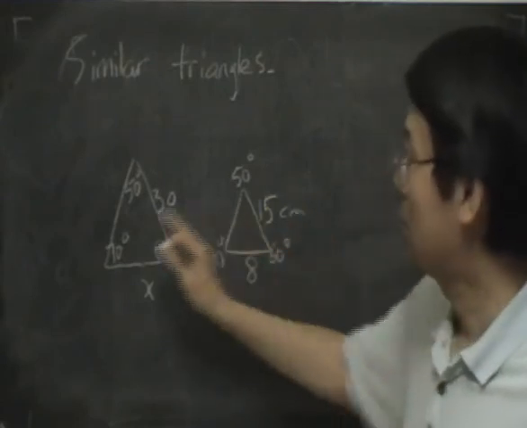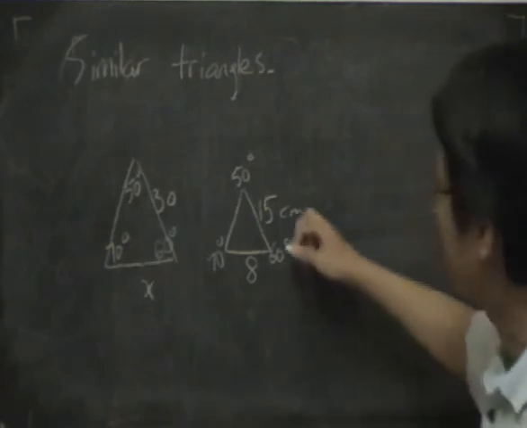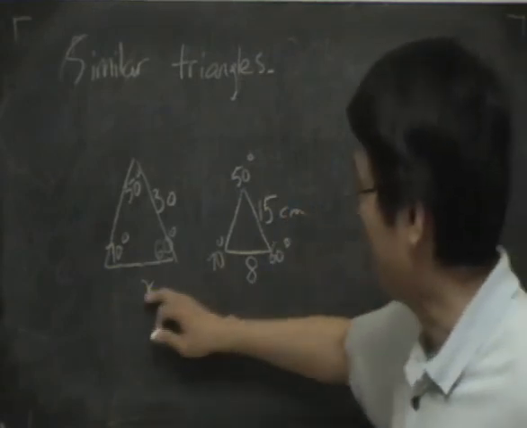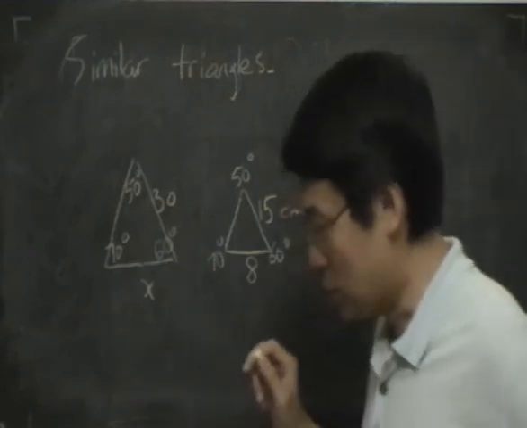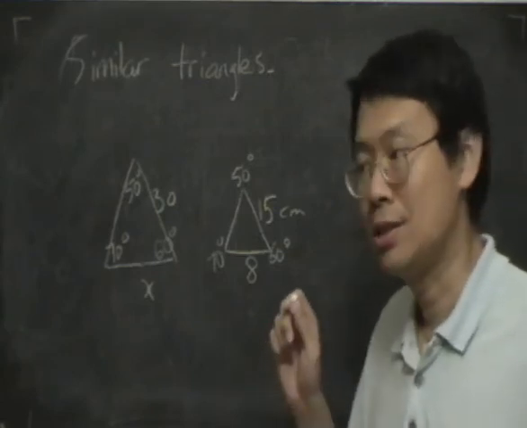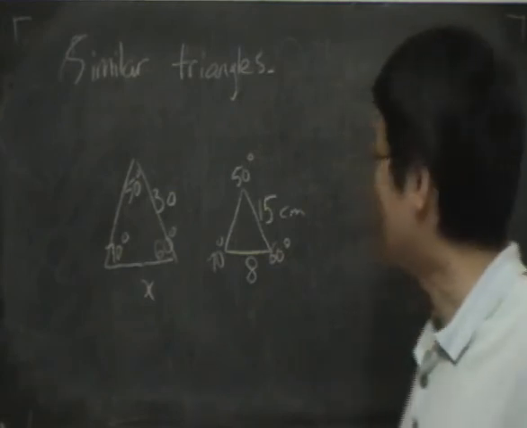Therefore, these are similar triangles. And we need to find the length of x. So let's try using this idea that the ratio of corresponding sides are equal.